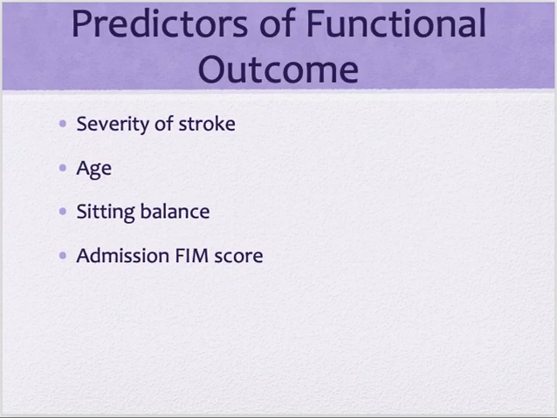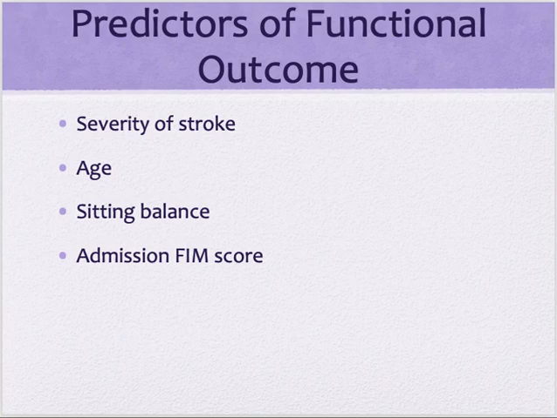So, predictors of functional outcome, I talked about this before. It depends on how severe the stroke was, what the age of the patient was, and what the sitting balance was.